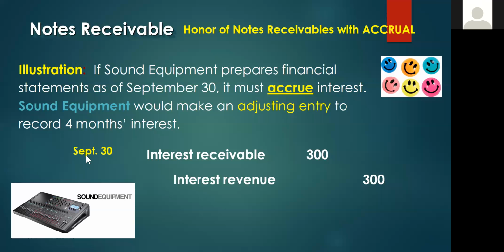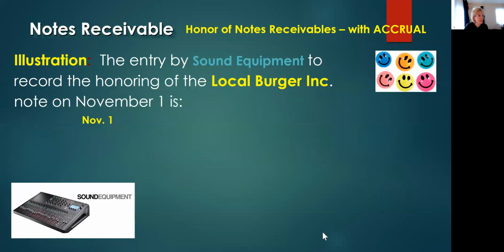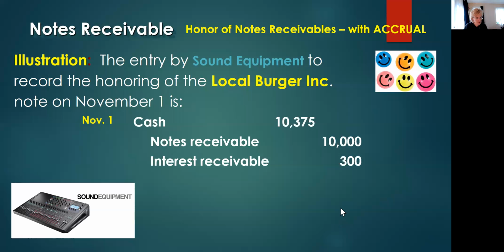They have to recognize how much interest their customer owes them as of this date, September 30th. They're not collecting the money, but they're just recognizing the interest revenue and recording that this money is owed, interest receivable. Okay. All right. And we did that, interest receivable, interest.